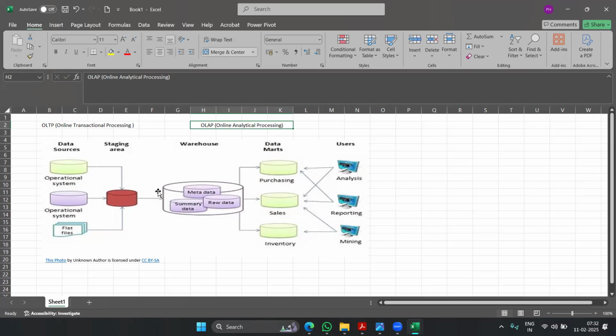And trust me, these things are not going to change. Whatever tools or technologies we are going to use, our ultimate goal is to take a copy of data, put it in the warehouse, and summarize it day wise, month wise, year wise, and use that data for analysis, reporting, data mining, right?